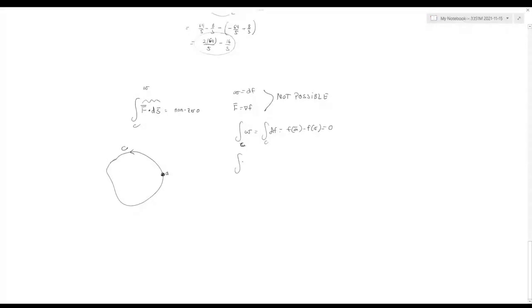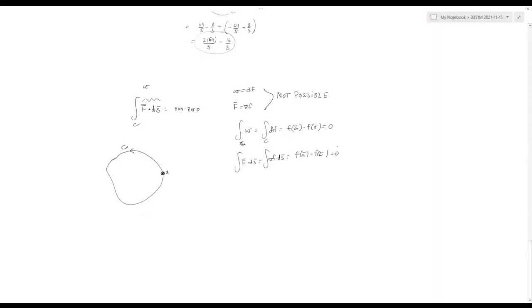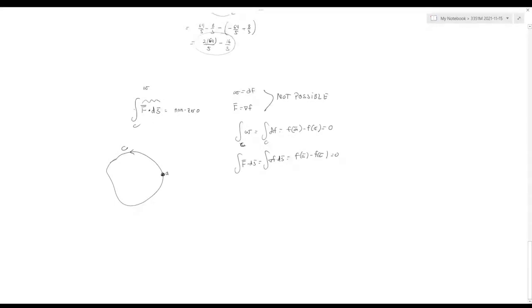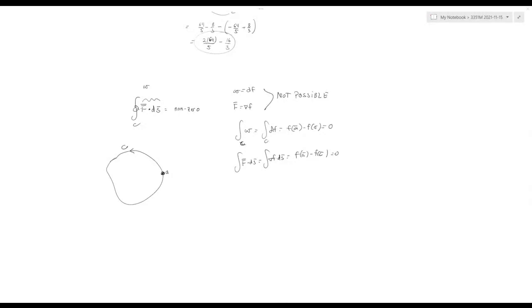So the idea is that since we found that the work integral over a closed loop, we emphasize that, is non-zero, then there's no way that the vector field F can be conservative. Because otherwise that integral would have to necessarily be 0. Okay.